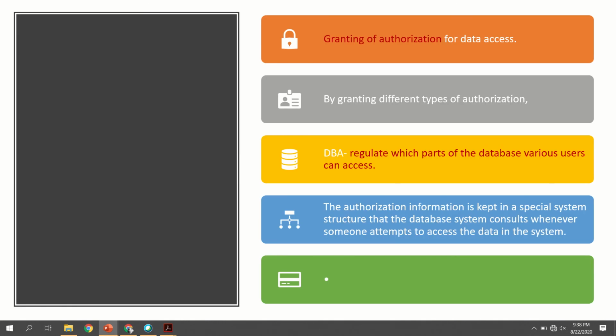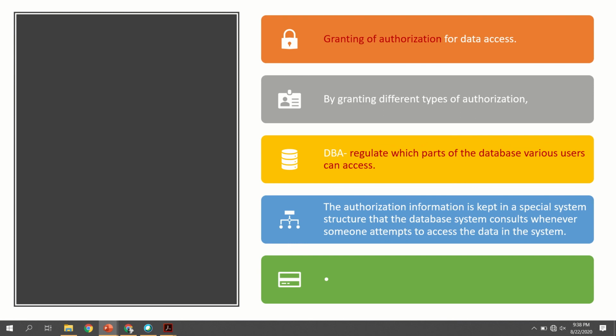The next function of database administrators is granting the authorization of data access. We know that when we are discussing a college, it will have a database which contains different data. A student can access certain data from the database. If he or she is trying to access data which is not allowed to him or her, there may be an error.